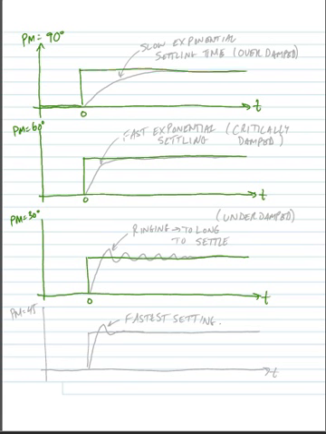And what we would see if we had a phase margin of 90 degrees is that the system would be over-damped. So we'd have a long exponential settling time.